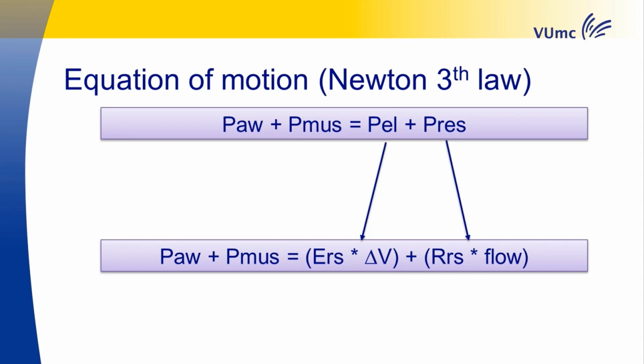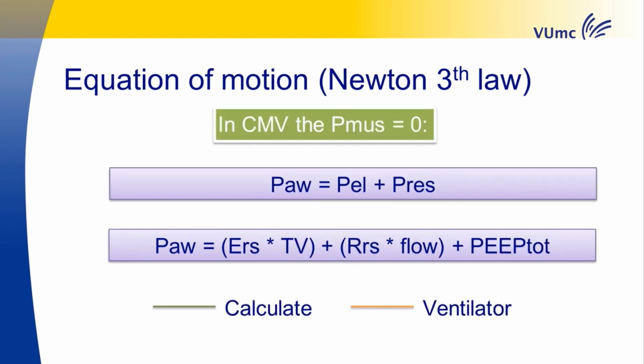Now, as Davide already explained to you, the elastic pressure depends on the elastance of the respiratory system and the volume above FRC. And the resistive pressure depends on the resistance in the respiratory system and the flow. It's as simple as that. Now, let's take one step back. We have our patient on controlled ventilation, so we don't worry about the muscle now.